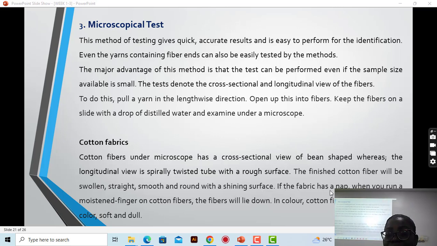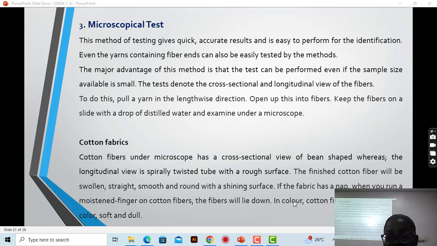If the fabric has a nap, what is a nap? Just like a woolen towel, for example, you see it has those naps on it, those projections that you can cut through, but that one is looped. Exactly. Do you understand me? Yes, those are the nap. If the fabric has a nap, when you run a moistened finger on cotton fibers, the fiber will lie down.